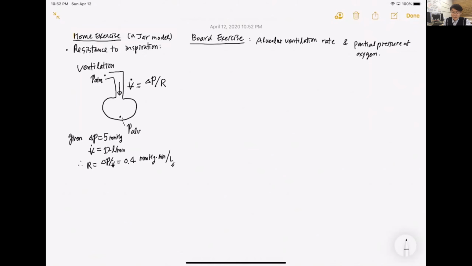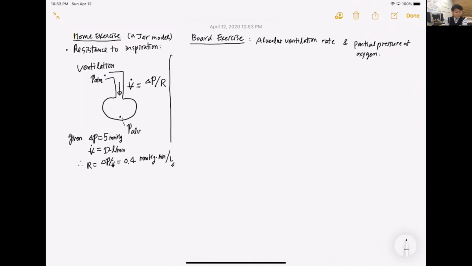So now let's move on to this board exercise, which is alveolar ventilation rate and partial pressure of oxygen. For this, we will again define our system and system boundary using this alveolar jar model.